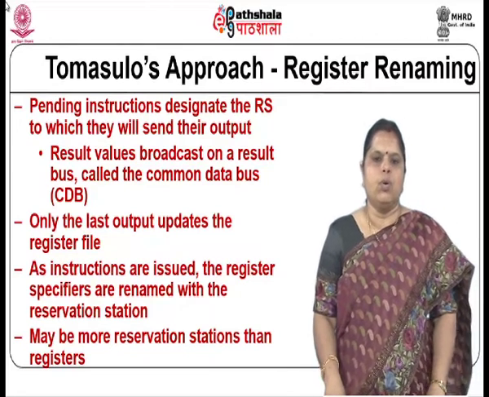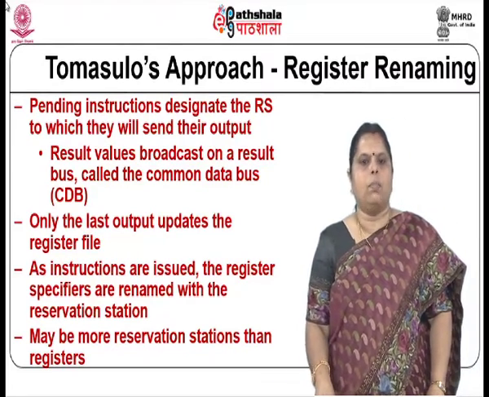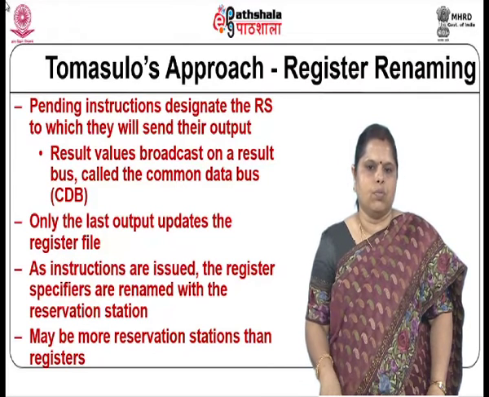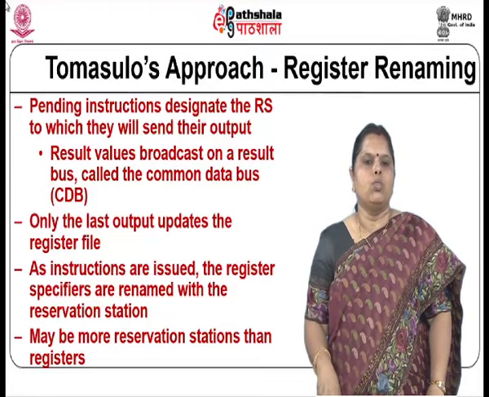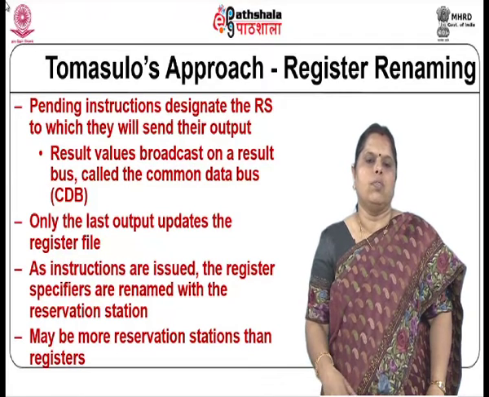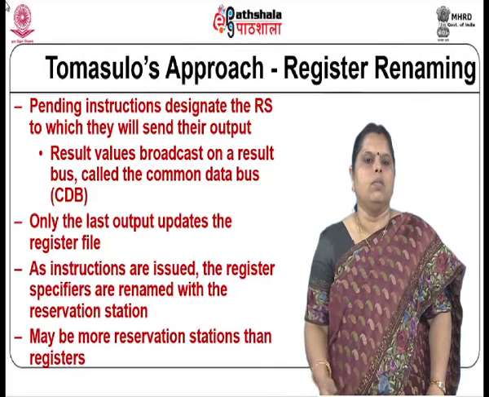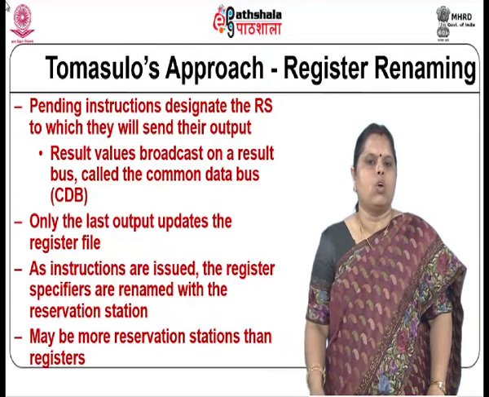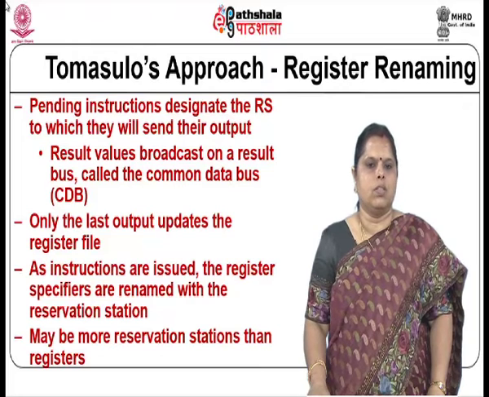Now, suppose you have issued an instruction to a reservation station and that has a true data dependency with another instruction, so you will have to wait for that instruction to finish. Then what you do is you designate the reservation station which is going to produce the result for you. Say for example, we looked at a divide instruction earlier. So, divide would have been given a reservation station entry. So, when add is issued, add does not have both its operands available. One of its operands is read from the register file and stored in the reservation station.